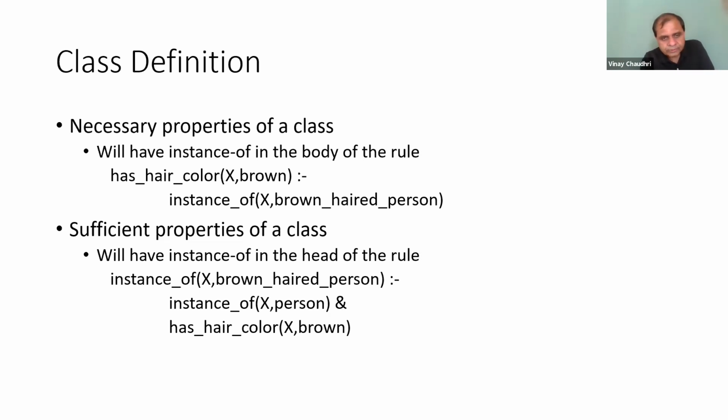Now, from the logical syntactic structure of these rules, the main distinction is that in a necessary property, instance of appears in the body of the rule, and in a sufficient property, instance of appears in the head of the rule. Because with a sufficient property, you're concluding a class membership, and with a necessary property, you're using the class membership to derive a new conclusion.